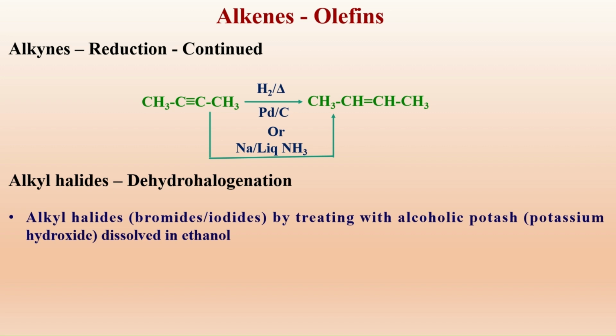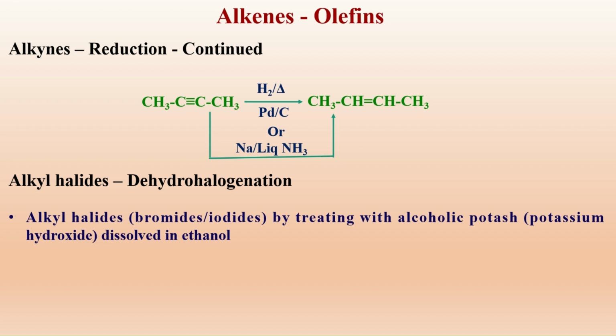Examples are methyl bromide or methyl iodide, or in the simplest form, ethyl bromide or ethyl iodide. These bromides and iodides are treated with alcoholic potassium hydroxide.